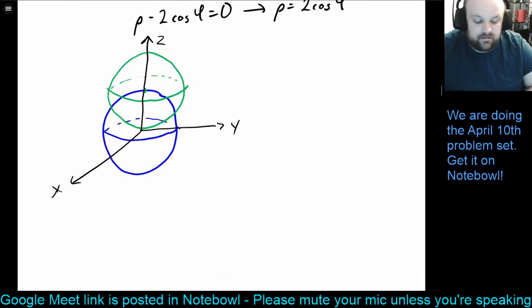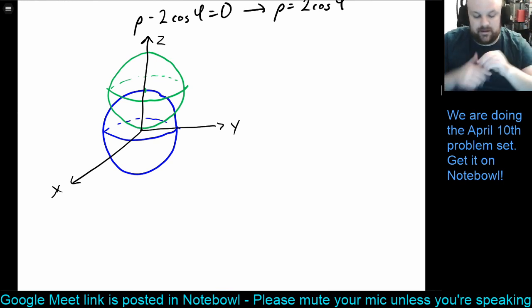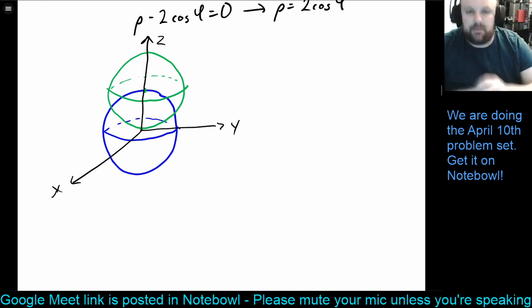This is going to work out sort of how we did some problems like this with spherical coordinates, kind of like inside one polar region and outside another one. Remember here, rho measures from the origin outward.